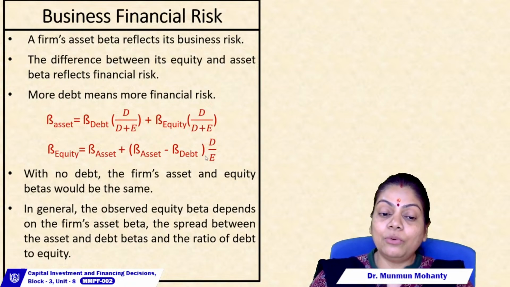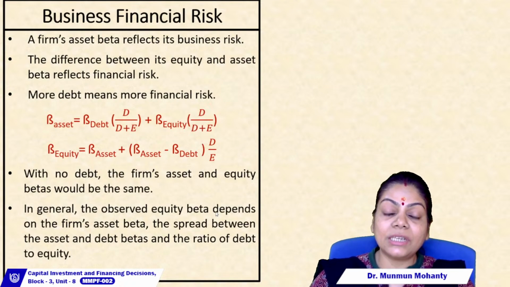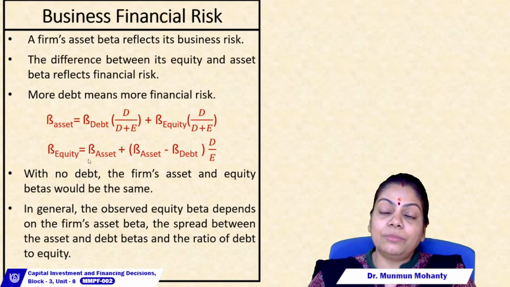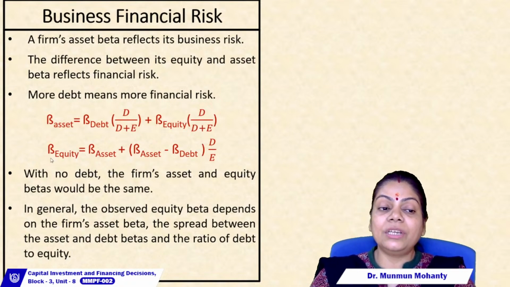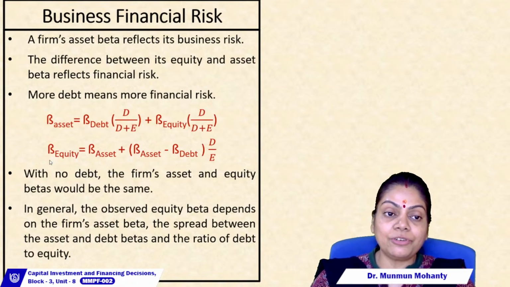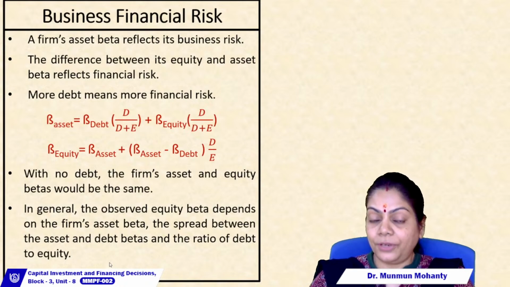So the D by E value is the spread and the leverage. It is that which will decide what will be the beta of the equity. Now you see everything is remaining constant, only leverage is increasing, D by E is increasing. So with increased leverage, you will have increased beta of equity. That is what I was trying to tell you when I told you that more debt means more financial risk and in effect more beta of equity.